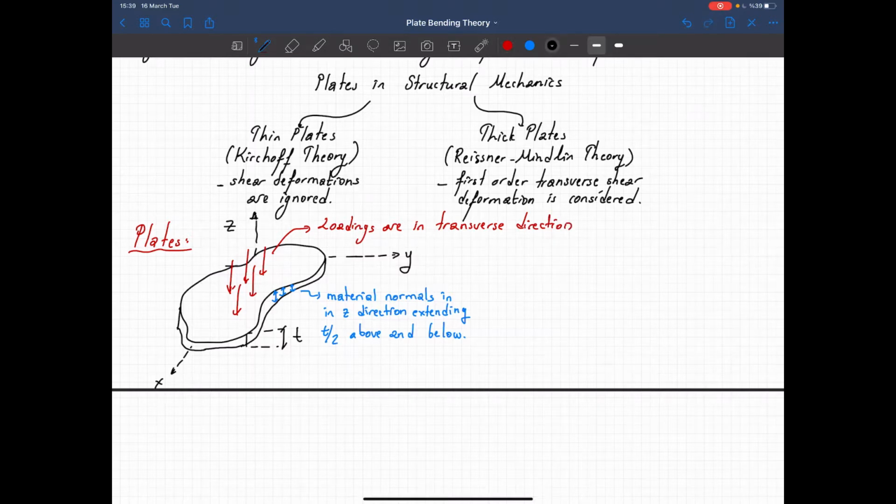So the mathematical idealization of a plate is, we just consider it as a 2D member. This is the mid surface. So we are just taking the mid surface as T/2 from top and bottom and define our plate element.